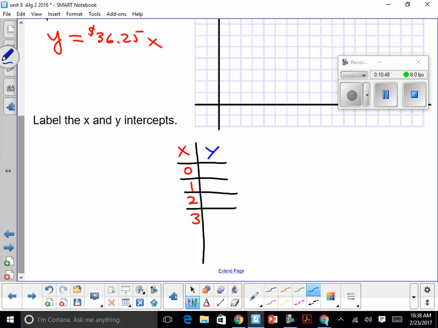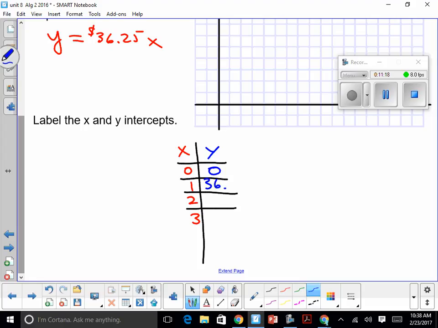Technology is what this one is all about. You have to get the function, but once you get the function, then your calculator can do the rest. Anything in there yet? Look at it, the 0 with the y. 36.25.